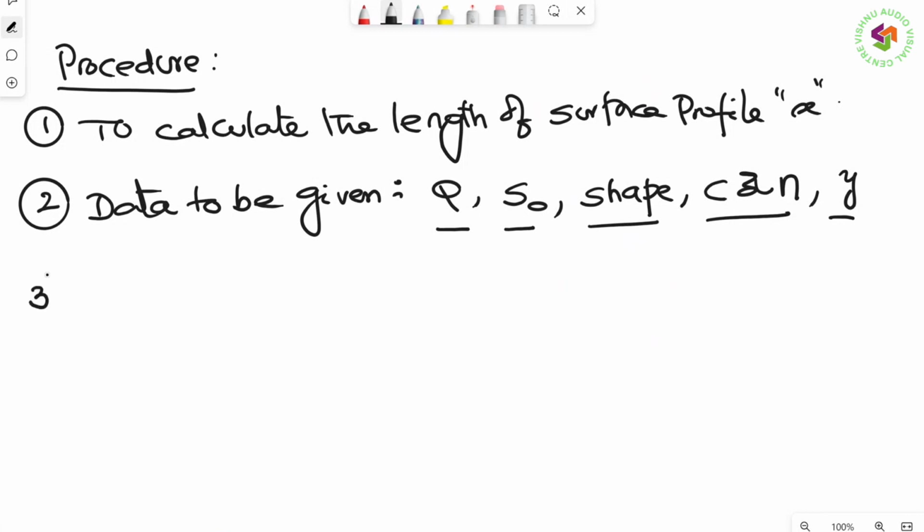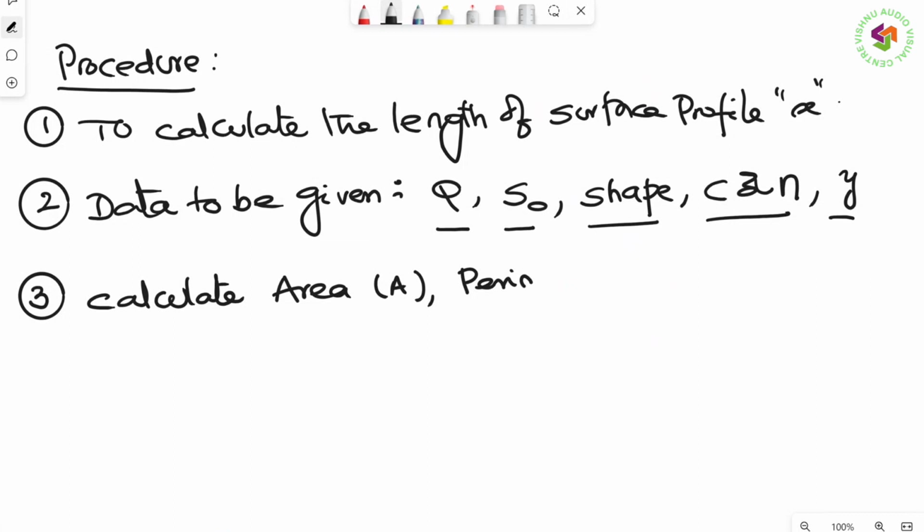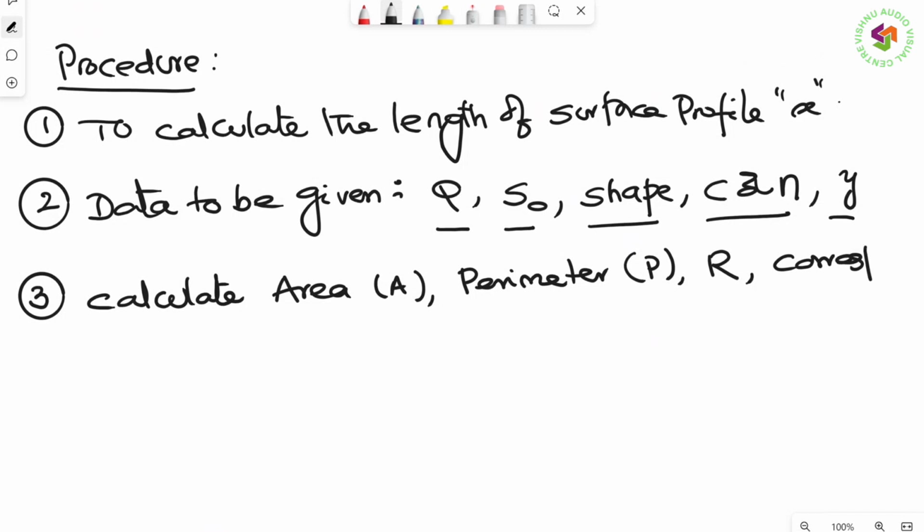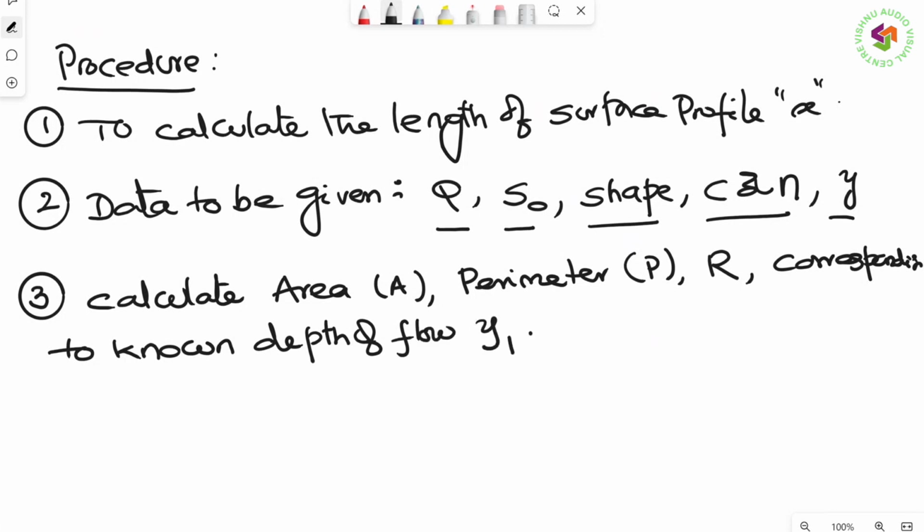Now what we will do? How to start the process? Calculate area, perimeter, hydraulic radius corresponding to known depth of flow, y1.